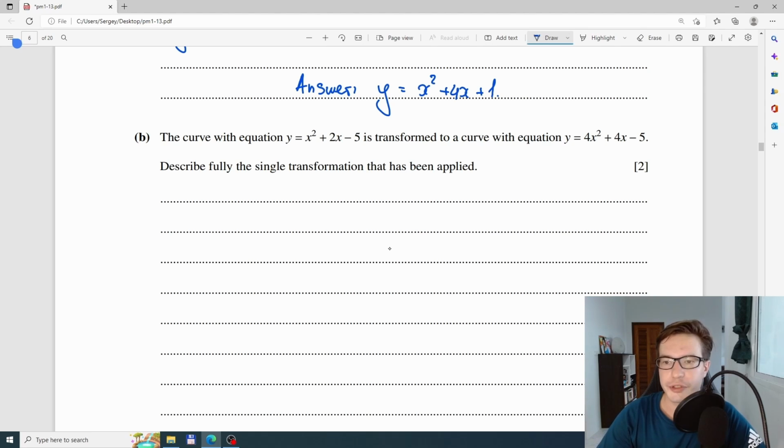Again, graph transformations. And this time the curve is being stretched because the coefficient of x squared is changing and the coefficient of x is also changing.